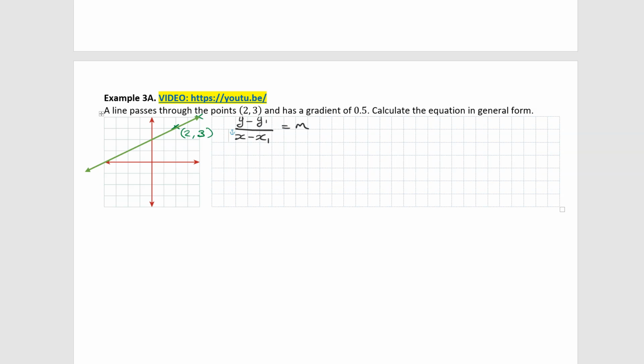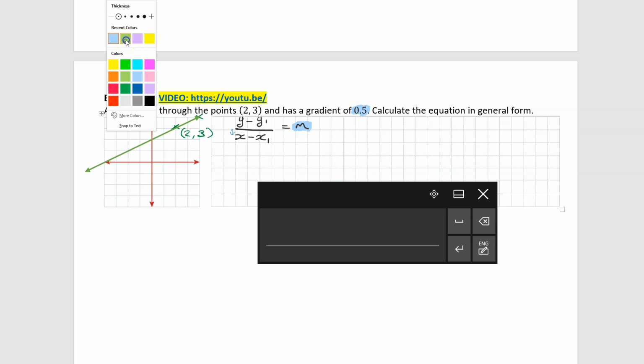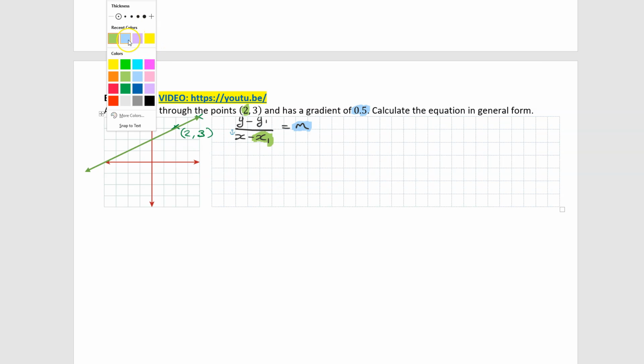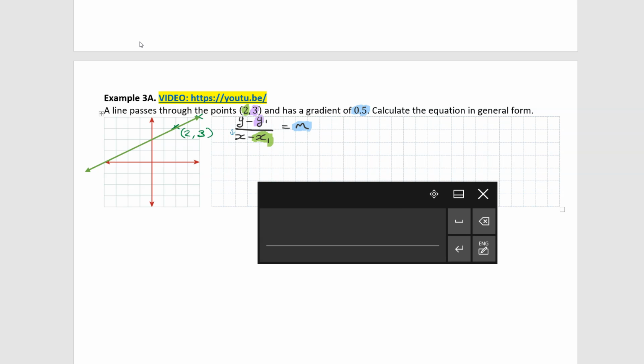Now the next step is we have to sub in values. Firstly we've got this 0.5, which is our gradient, and that's represented here. Second, we've got our x value, 2, which is represented by x1 here, and then we've got our y value, 3, which is represented by this y1 over here.